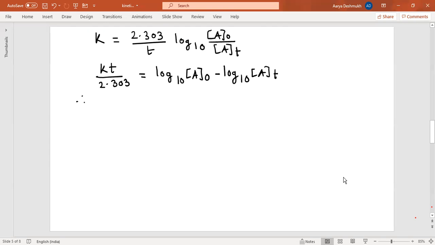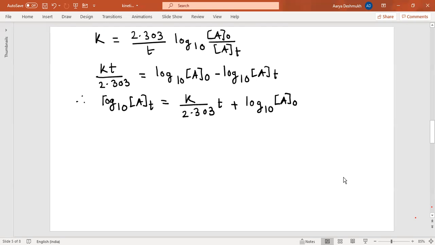So therefore, you can write in terms of log to the base 10, the amount of reactant which remains, that is At, will be equal to minus k divided by 2.303 into t plus log to the base 10 of the initial concentration.